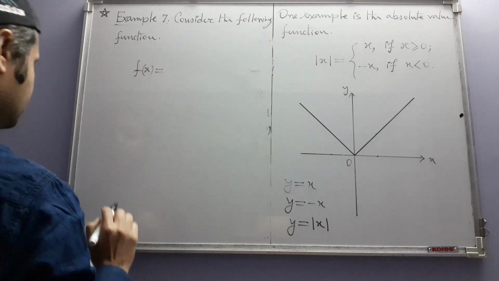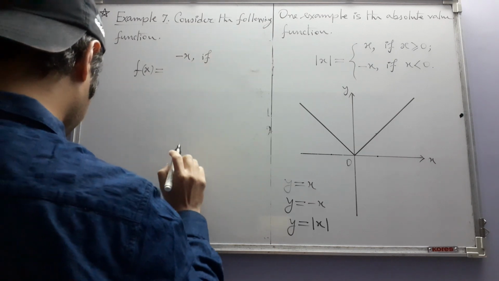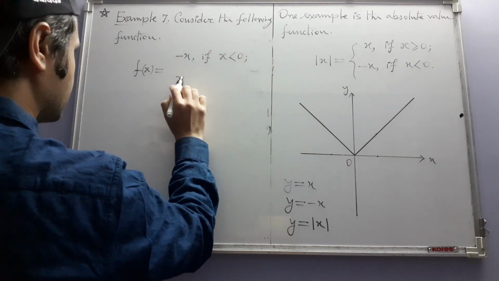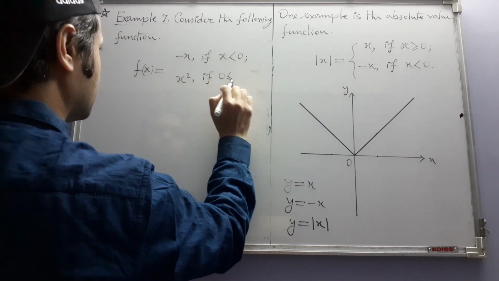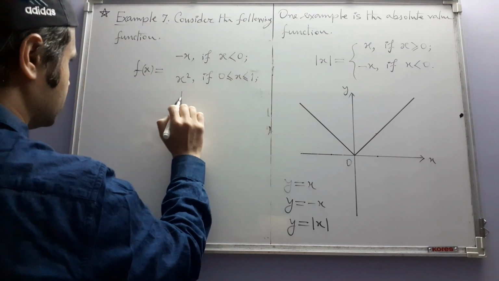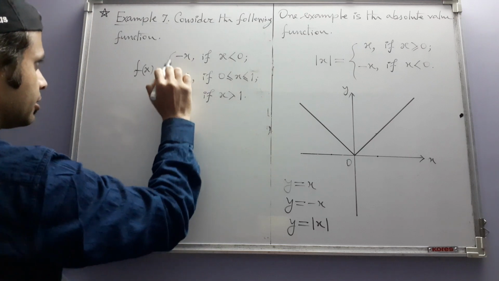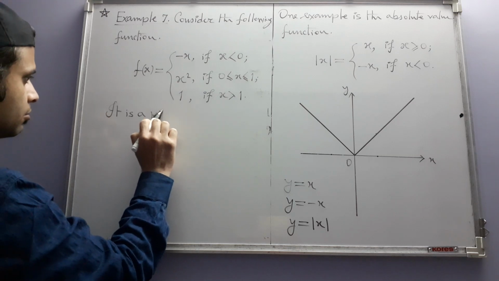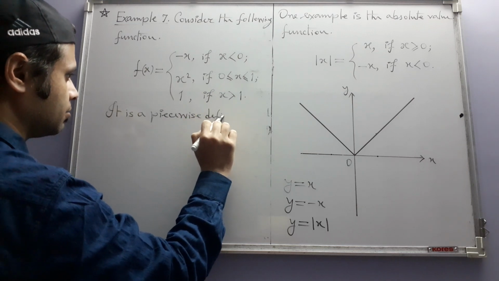F of x is defined to be equal to minus x if x is negative, then x square if x is non-negative but less than or equal to 1, and is equal to 1 if x is greater than 1. It is a piecewise defined function.